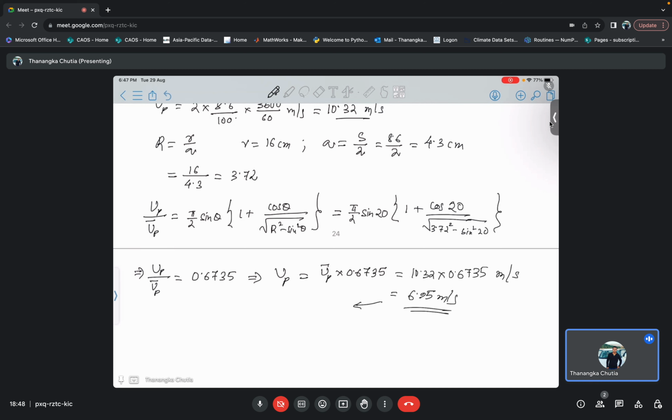This is basically the speed of the piston at the end of combustion.